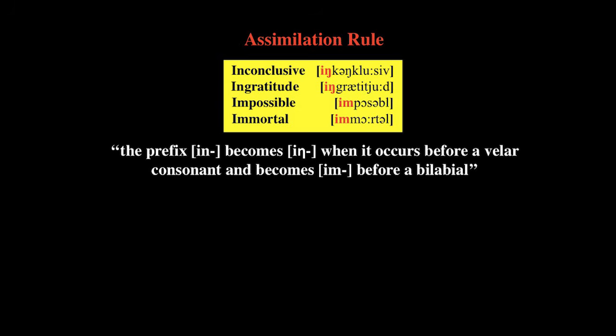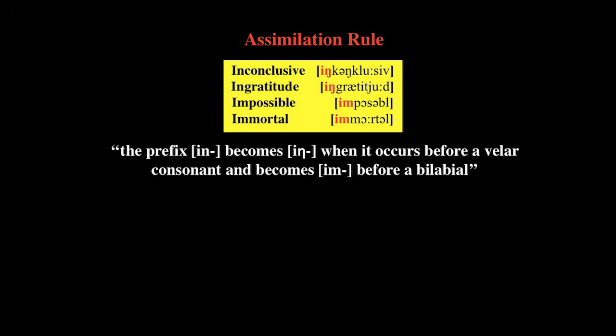We simply write in between slashes becomes ing between brackets whenever it is followed by another consonant that is minus sonorant, minus anterior, minus coronal.